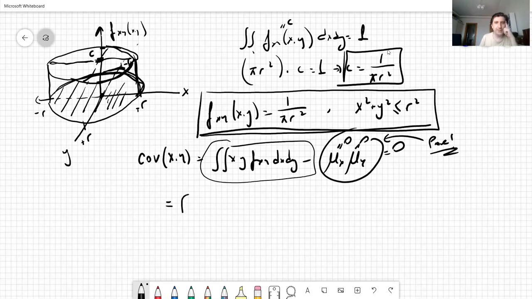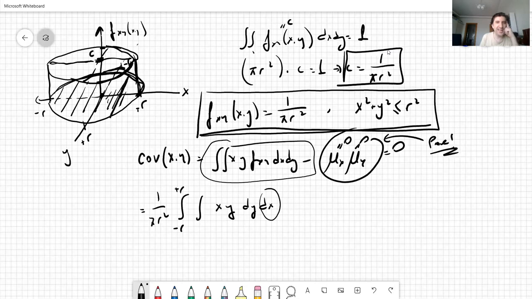All right, now let's do it. Let's put the integral of x times y. Instead of f_xy, I'm going to write 1 over πr², so I can write it easily here since it's a constant. Then I'm going to put dy and dx. Let's handle dx: it's going to be from minus r to r. We are anywhere here, let's say at this point.